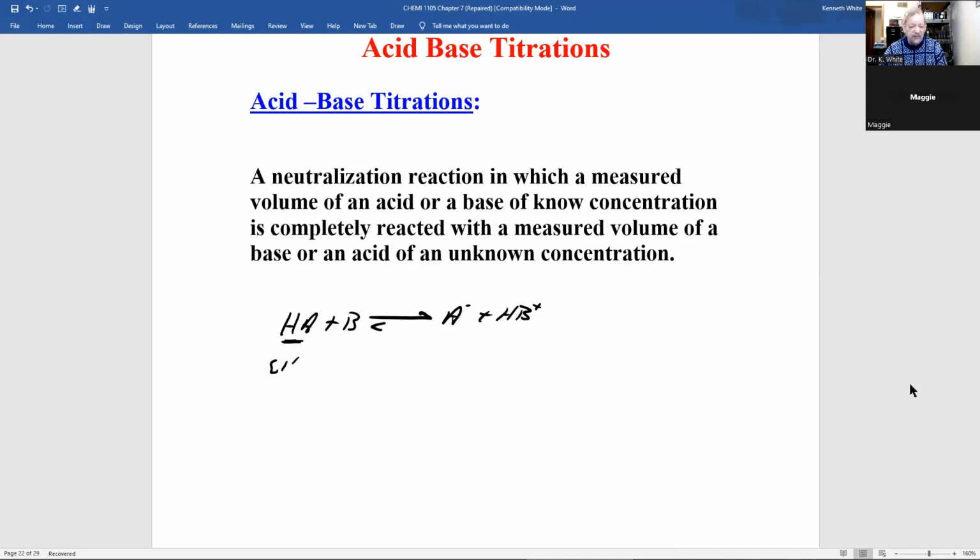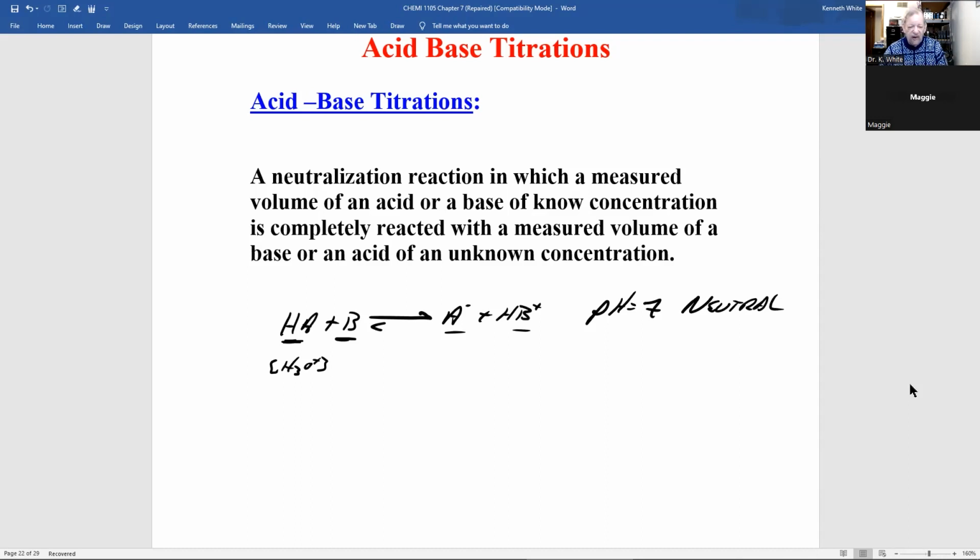That means this is disappearing. And when all of the HA reacts with B to form A minus and HB plus, the pH equals 7, neutral.